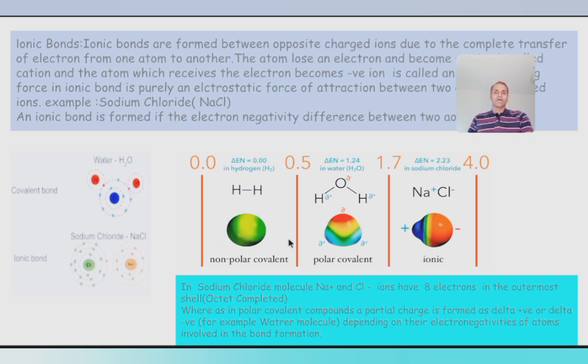In the diagram again, you can see the non-polar hydrogen molecule, because there is no electronegativity difference; the difference is 0. In the water molecule, because of the higher electronegativity of the oxygen atom, the bonding pair moves towards the oxygen atom, and oxygen gets a delta negative charge and hydrogen gets a delta positive.